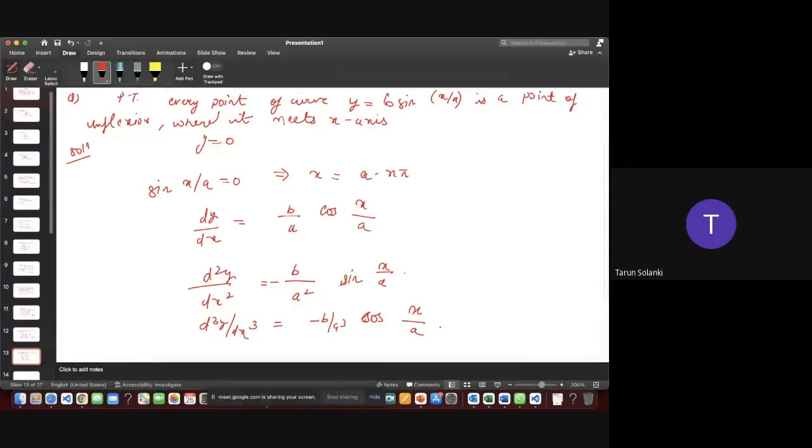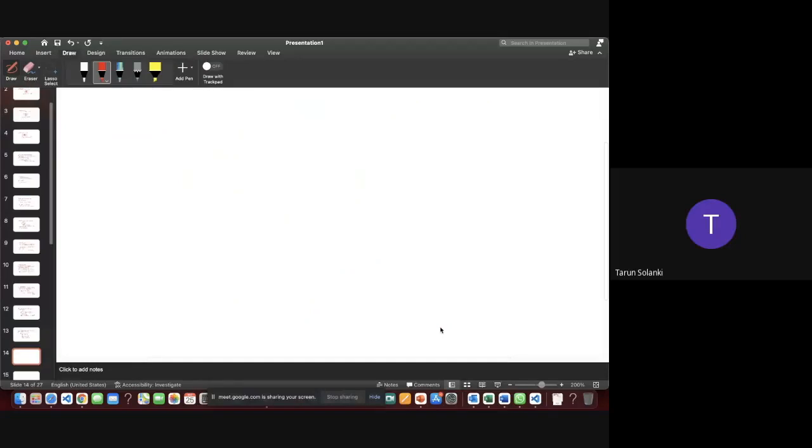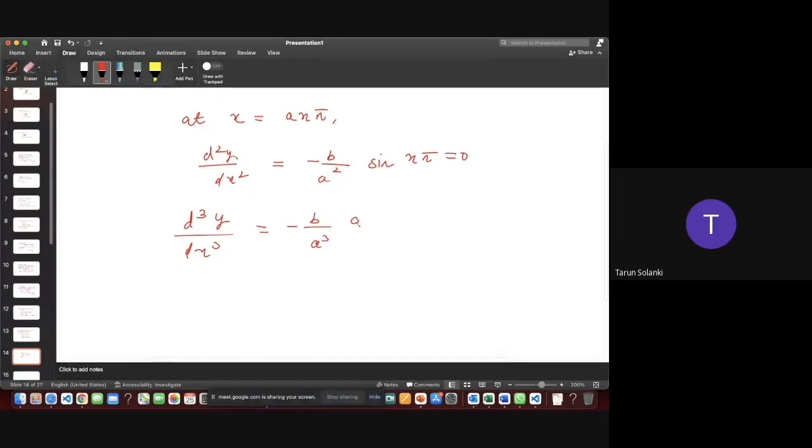Correct. So now at x is equal to a n pi, we have d square y by dx square is minus b by a square sine of n pi is equal to 0, and d cube y by dx cube is equal to minus b by a cube cos of n pi is not equal to 0.